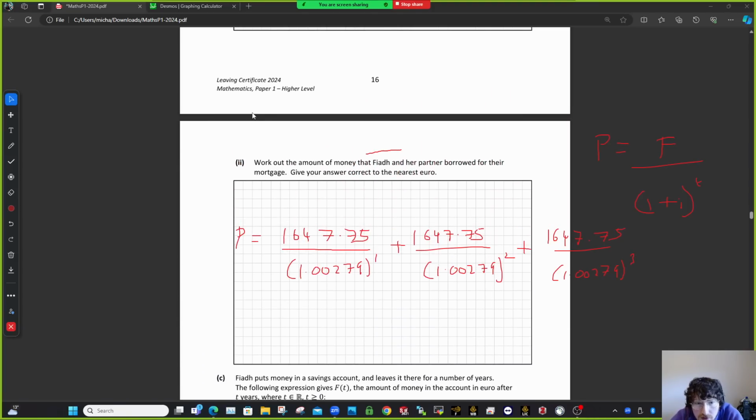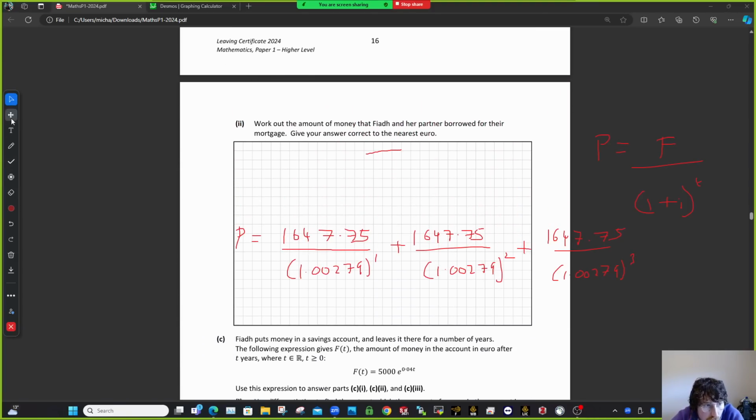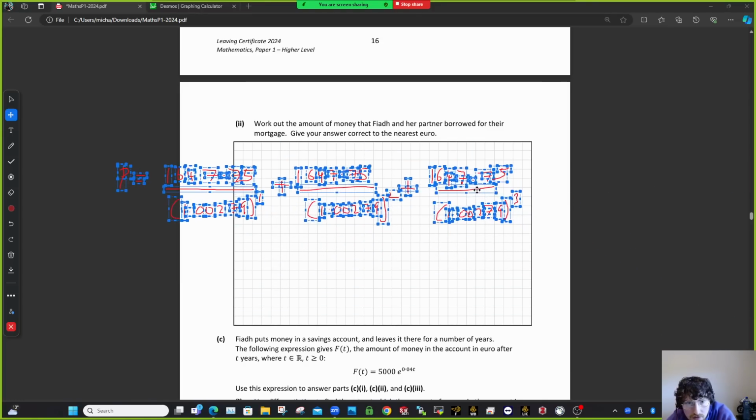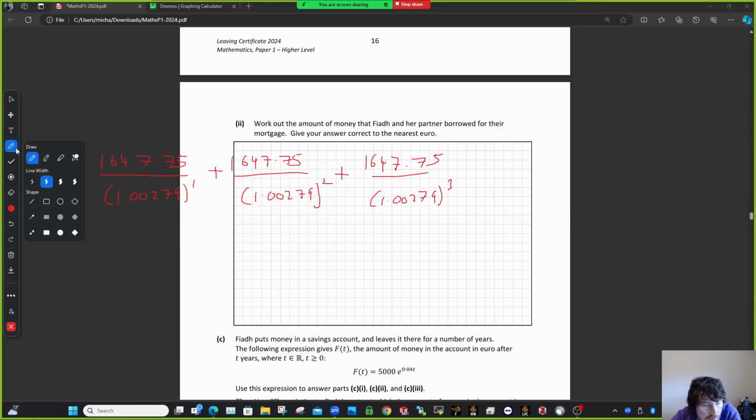Now, the next thing down here is work out the total amount of the mortgage. So I'll delete that there. And then this goes on, they said for 25 years at the top there. So dot, dot, dot, the last payment, which is 1647.75, all over 1.00279 to the power of 300 months, 12 by 25.